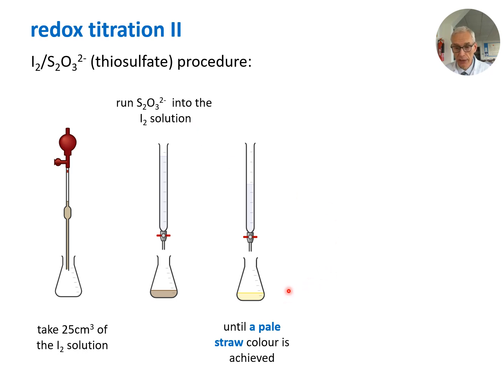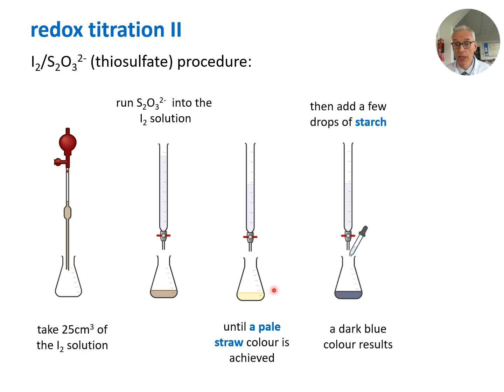Keep adding until a pale straw color is achieved. So the dark color of the iodine solution will eventually turn to a pale straw. But we need an endpoint that is abrupt and certain. So to achieve that, once we have the straw color, we add a few drops of starch indicator and a dark blue color results.